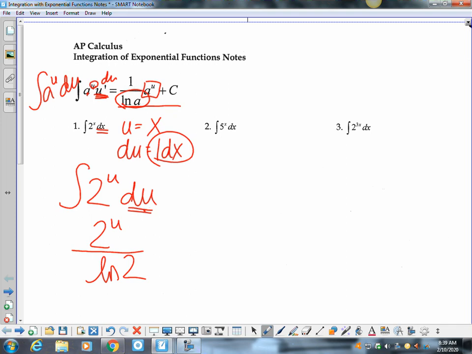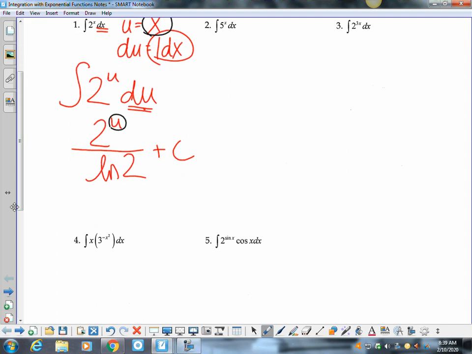Plus c. And I can't have it in terms of u. So I have to put what u equals back in place of u. So 2 to the x over ln of 2. Yeah, that's not 2x.